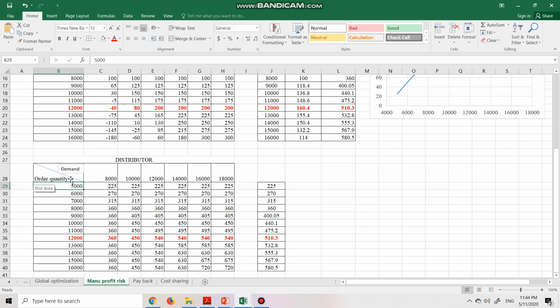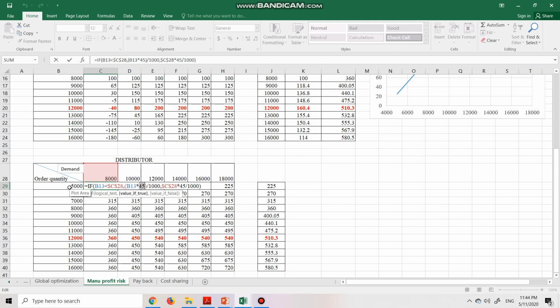So in the case that the order quantity is smaller than the demand, the profit that the distributor will gain is equal to the order quantity multiplied by the marginal profit of the distributor, that is $45. And if the order quantity is larger than the demand, then the profit will be equal to the demand multiplied by the marginal profit. That is easy to calculate the profit of the distributor.